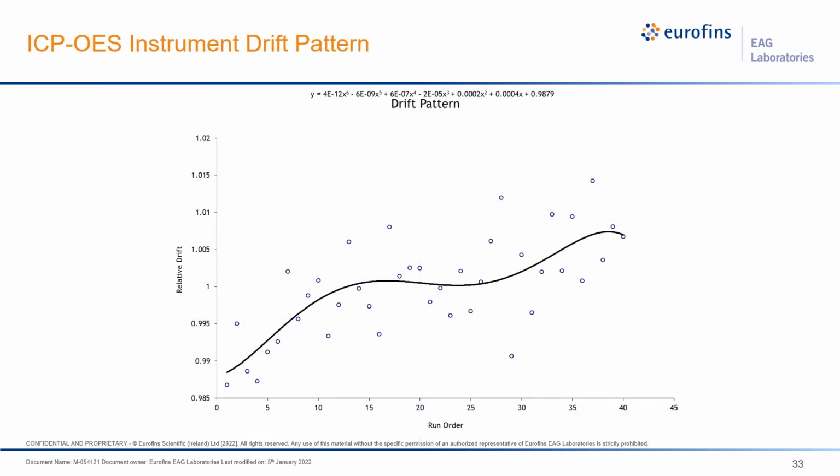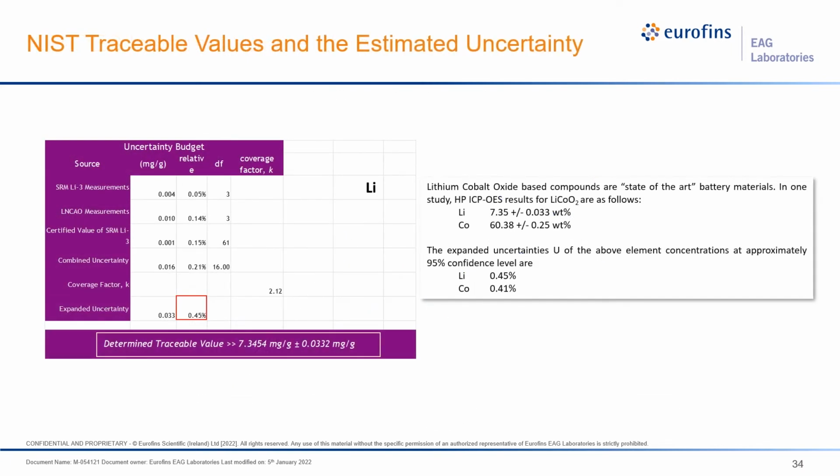So here is an example of how much the instrument drift can be in the ICP-OES technique. And that's why it is important to correct this drift. With that, we can look at the estimated uncertainties from each major contributor: the reference material, the sample itself, and the certified reference materials. You can see the combined uncertainty we obtain is 0.21.